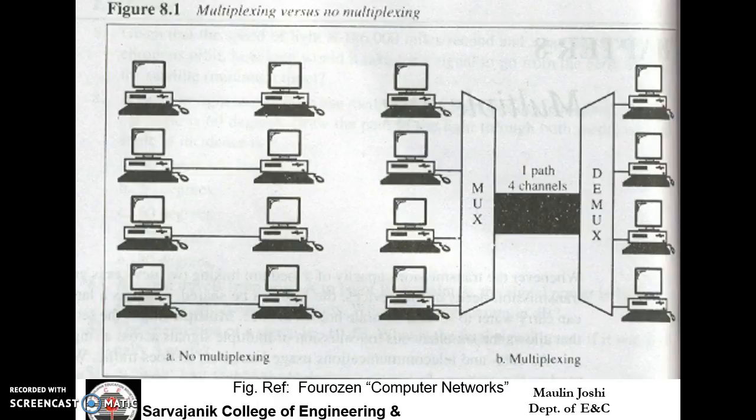This is a typical example taken from the text to explain the need for multiplexing. We can easily see from the left figure and the right figure the distinction. On the left there is a one-to-one connection between each terminal, while the terminals shown in figure B are connected via a common medium to the terminals on the right-hand side.